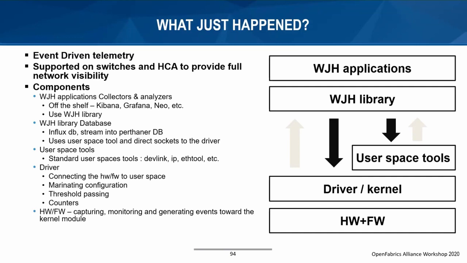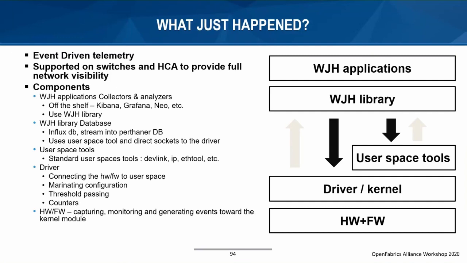It is maintained mainly by Jiri Pirko. The idea behind What Just Happened is that the customer doesn't want to fetch information and grab it all the time. So we would like to have it the other way around, meaning the customer will register on some event, and when an event happens, they will get a notification.